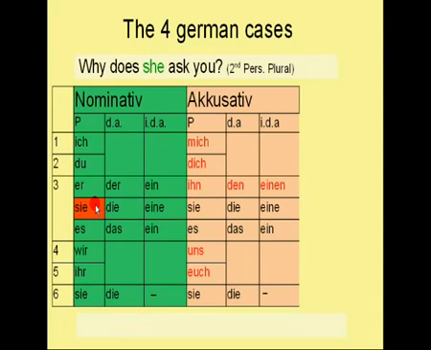So it's warum fragt sie? So what is the object in the sentence? It is you. So what does you for second person plural in the accusative case mean? It means euch. So the question would be like warum fragt sie euch?